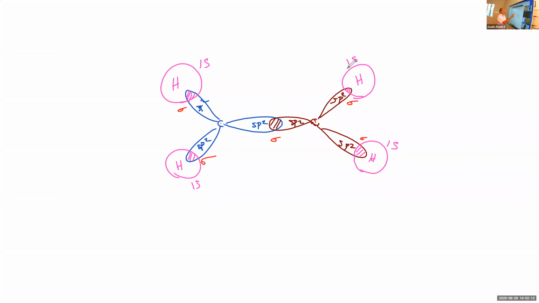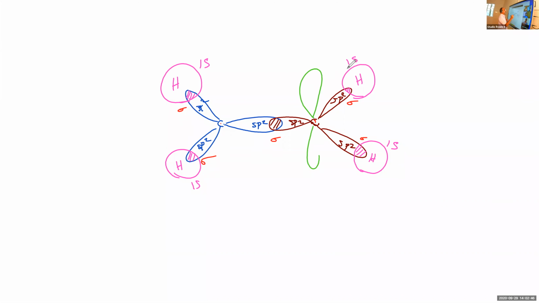One lobe will be projecting towards us. The other lobe is going away from us. We cannot show that in the two-dimensional figure. The unhybridized p orbitals on both the carbon atoms remain mutually parallel, and they remain perpendicular to the plane, and they overlap sideways.